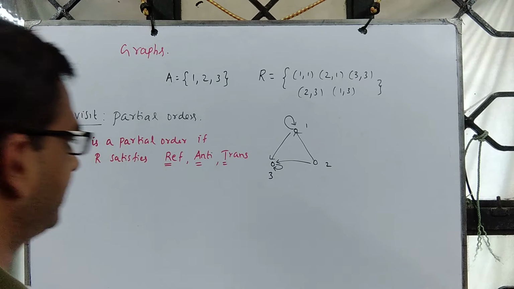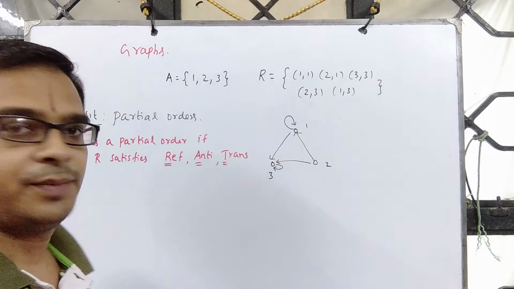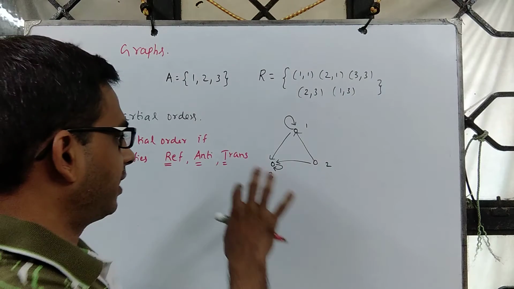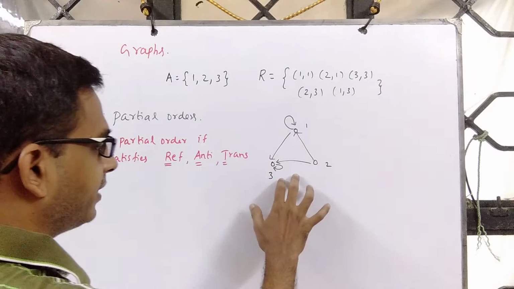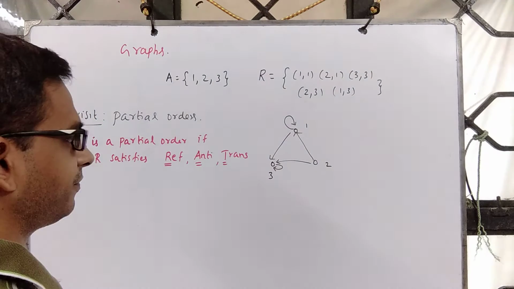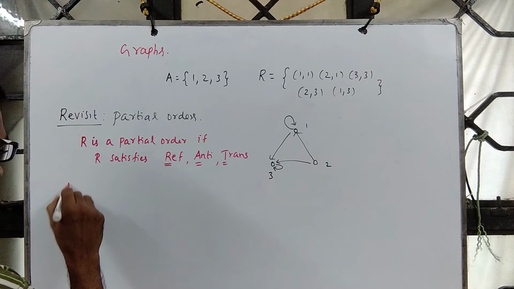So if it satisfies the RAT properties, then R is a partial order. So we are going to take partial orders and then look at the underlying directed graph more closely.